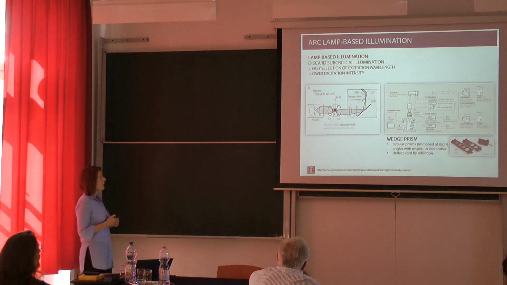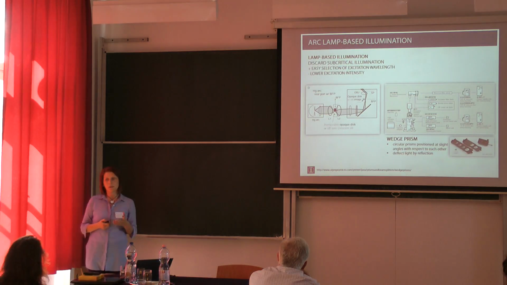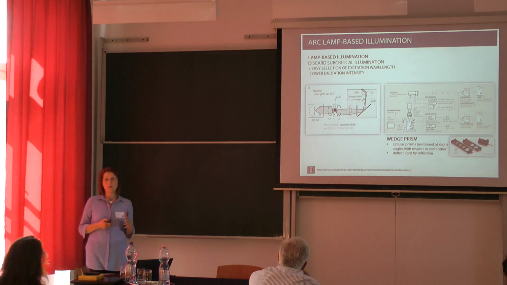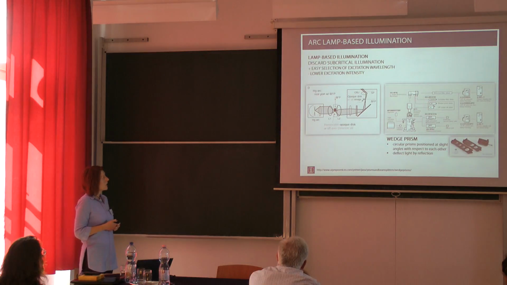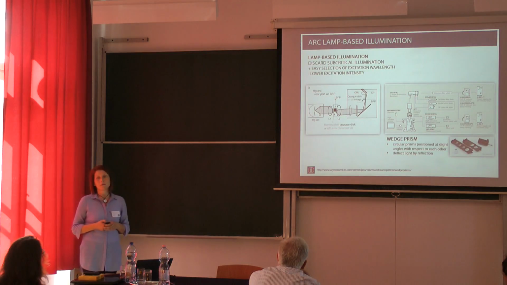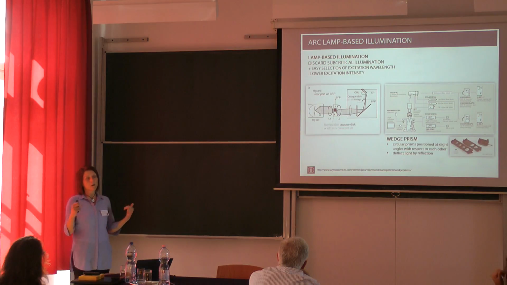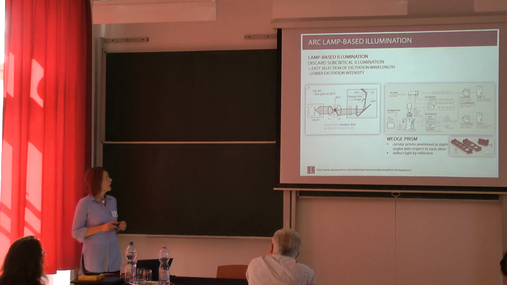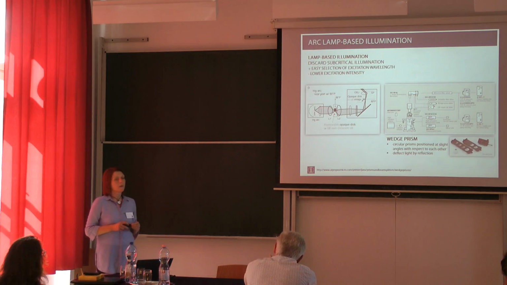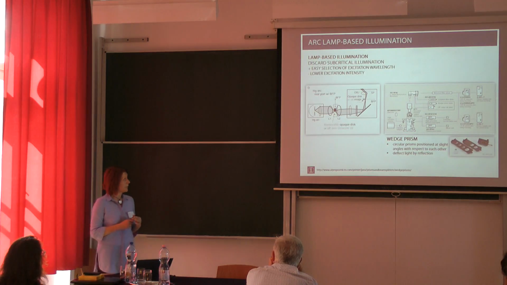If you use a lamp, it's easy to select the excitation wavelength simply by introducing filters. The other thing is that you discard most of the excitation light, so the excitation intensity is relatively low, and therefore the lamp-based TIRF configuration is mostly useful if you want to image intrinsically bright samples.